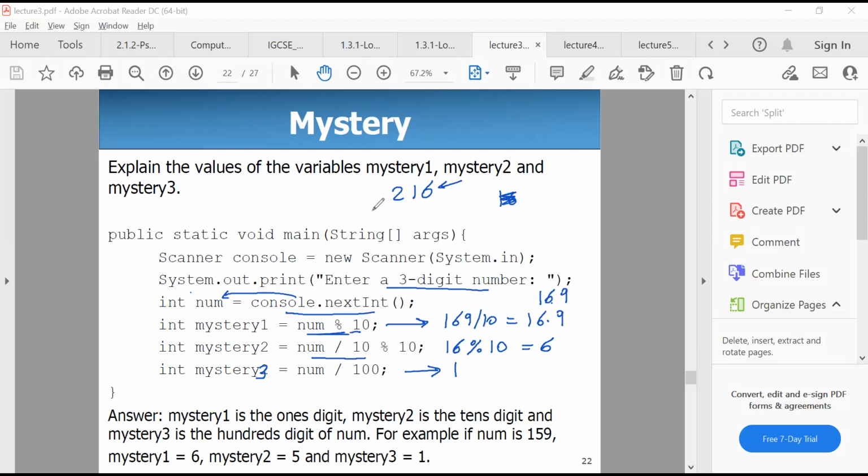If I ask you to get me the first number, this is the way to get the first number. If I ask you to bring the number in the middle, this is also the way. So this is a fixed way that you can use with any 3-digit integer number.